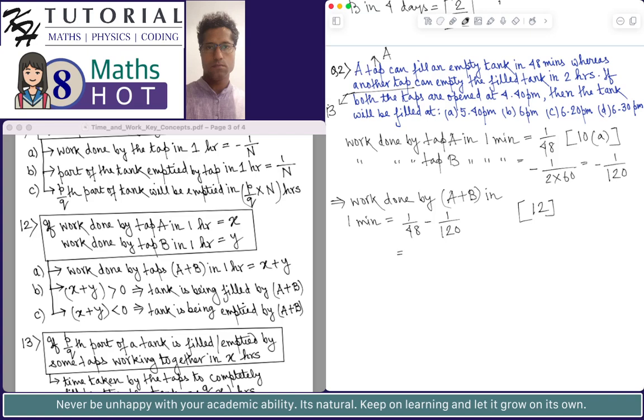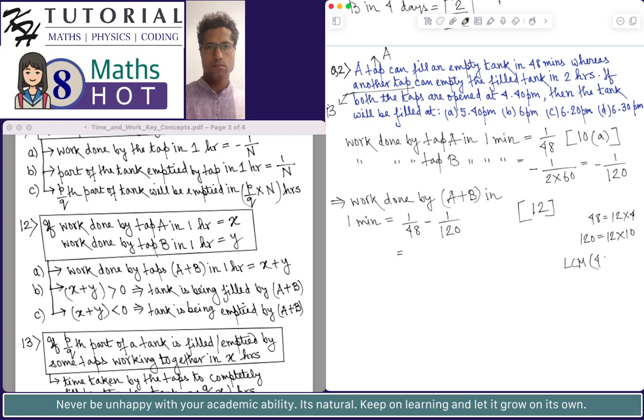What will be the LCM? I think 480. 48 is 12 into 4, and 120 is 12 into 10. So we have to find the LCM of 48 and 120.